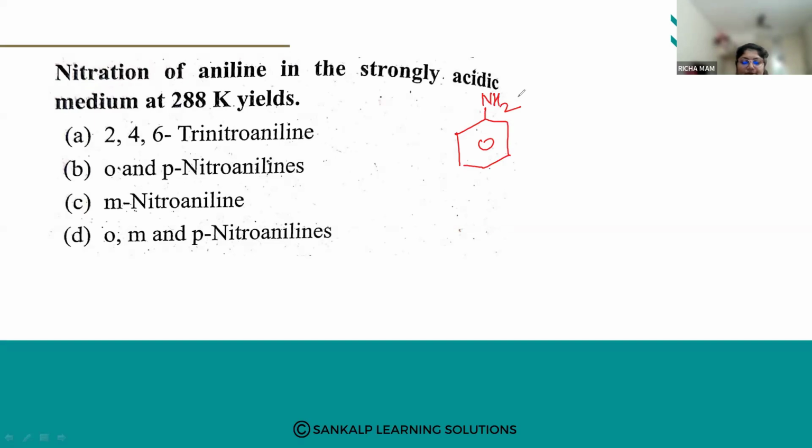I'm going to do nitration, which is carried out in the presence of concentrated HNO3 plus concentrated H2SO4. Together they are called the nitrating mixture.